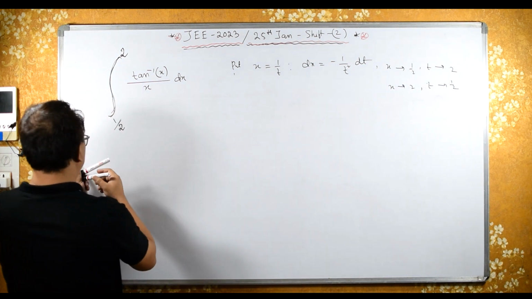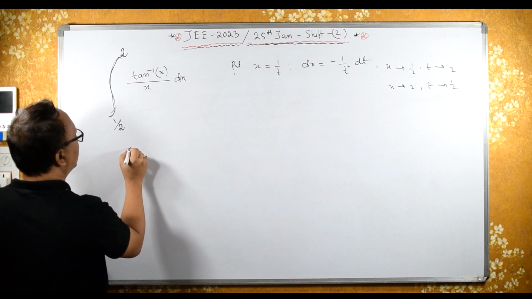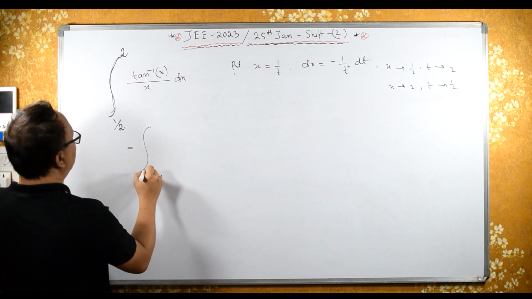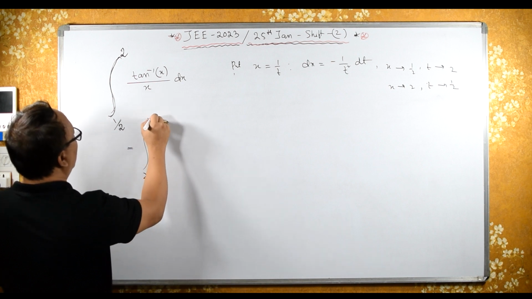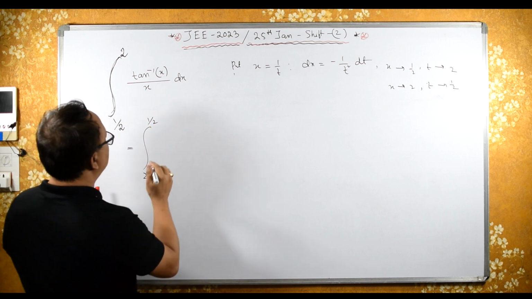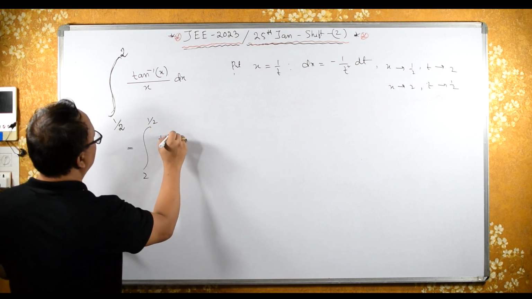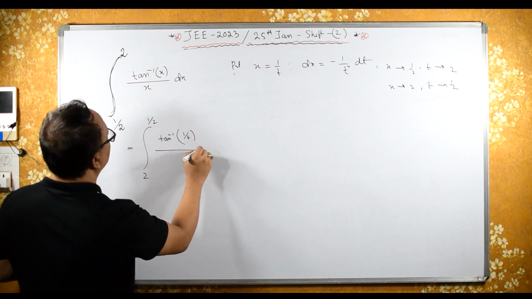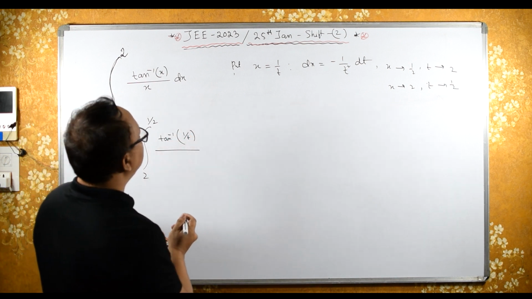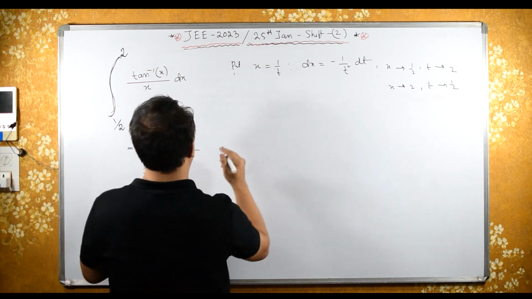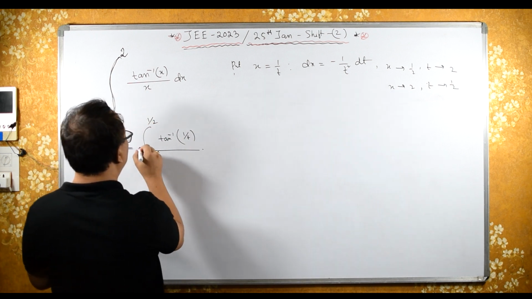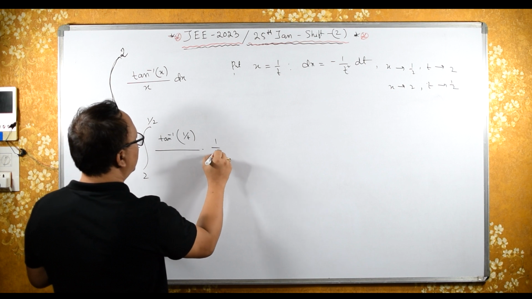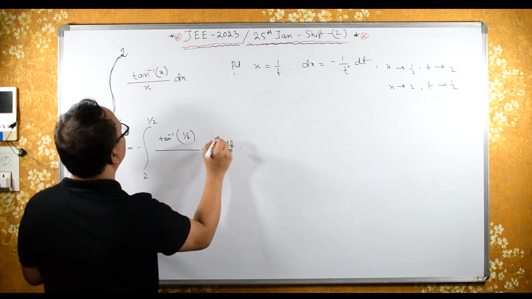Therefore, this integral becomes, limit is 2 to half, tan inverse x, where x is 1 by t. And what is dx? dx is minus 1 by t square dt. And what is x?